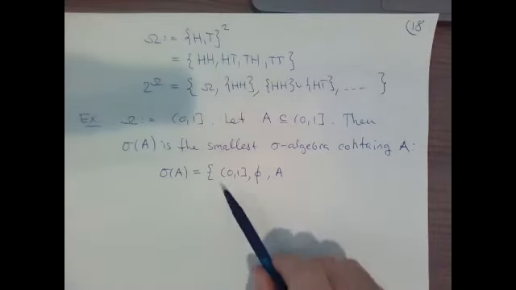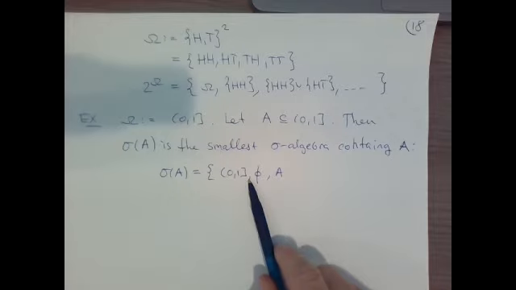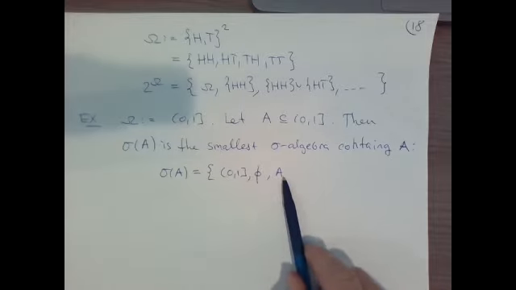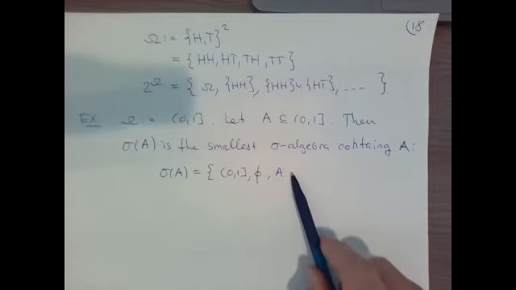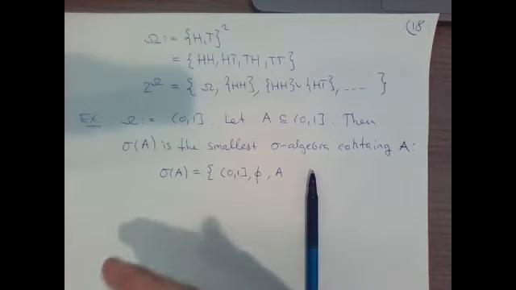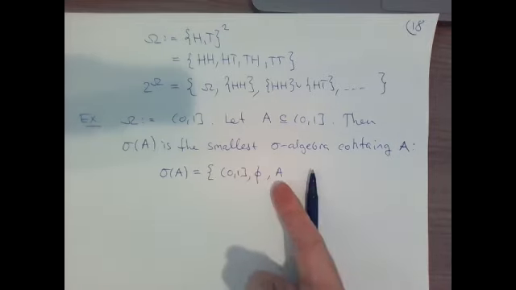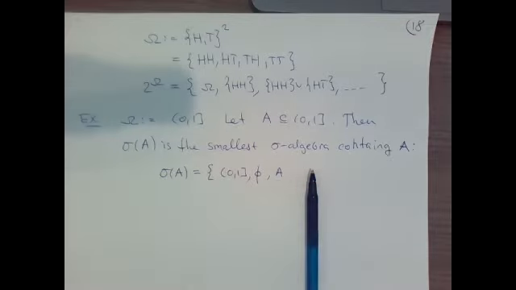Could I stop my list here where I'll just have omega, the empty set, and A? Would it be okay to stop here? I cannot take anything away, but the question is, is this a sigma algebra?